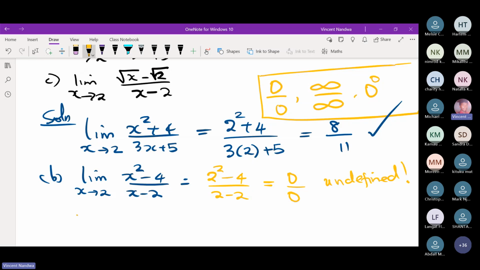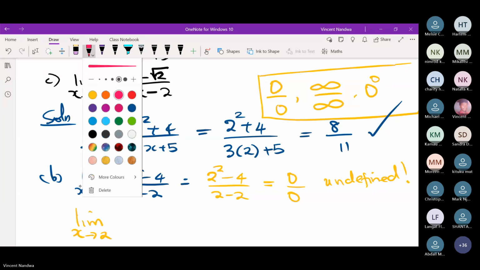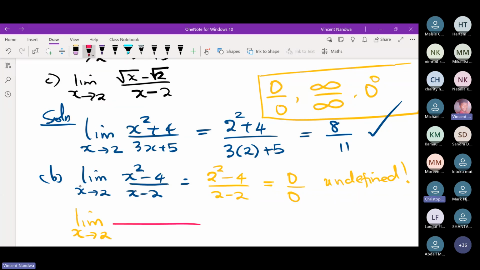So we look for a different method. It is very clear that x squared minus 4 can be factored in terms of x minus 2. So x squared minus 4, when you factorize, you get x plus 2, x minus 2, correct?